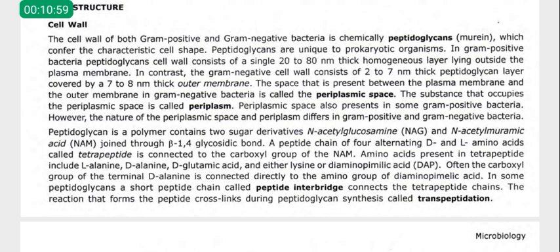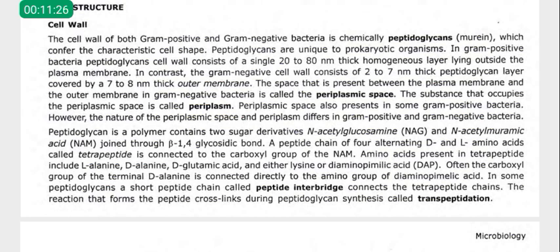Peptidoglycan is a polymer which contains two sugar derivatives, N-acetylglucosamine and N-acetylmuramic acid, NAG and NAM, joined through a beta-1,4 glycosidic bond.